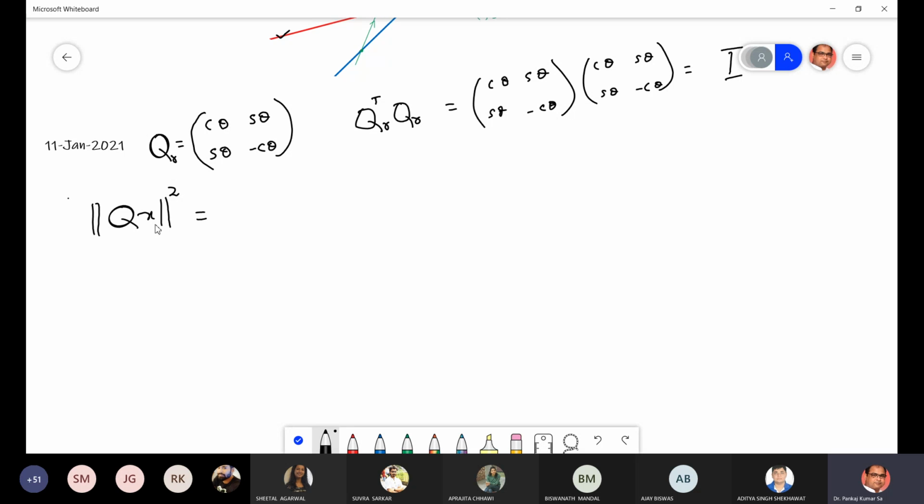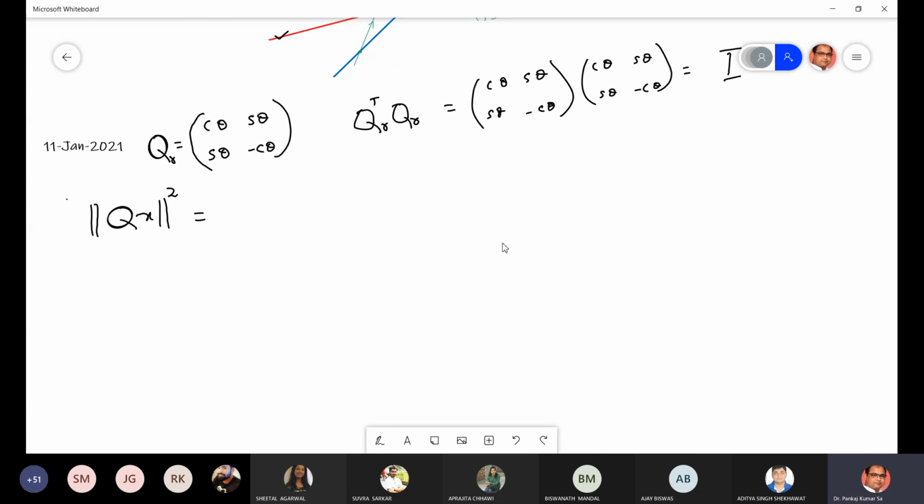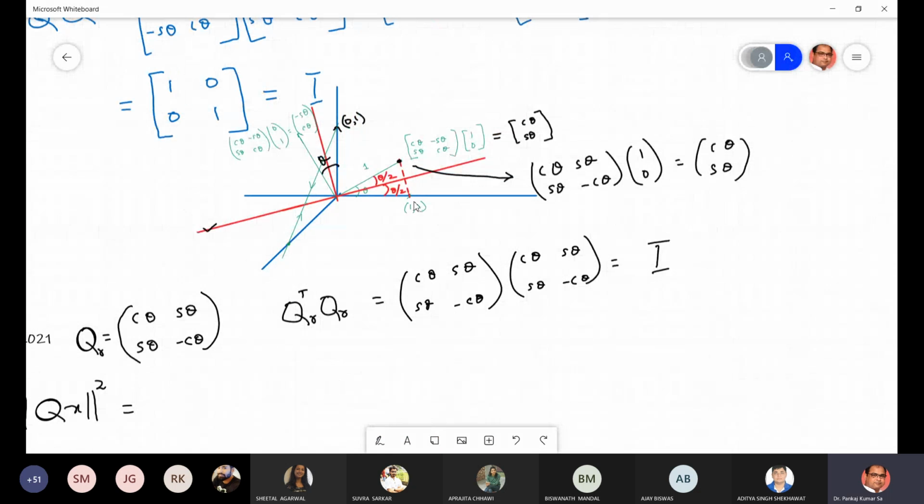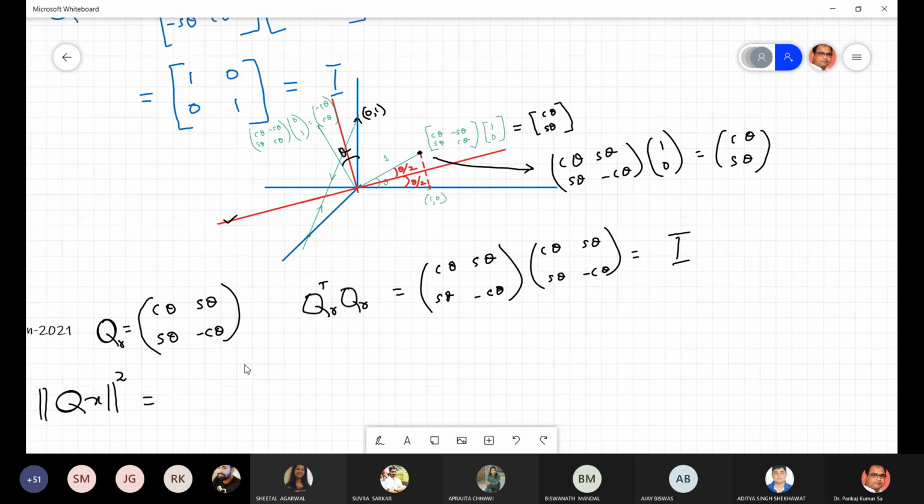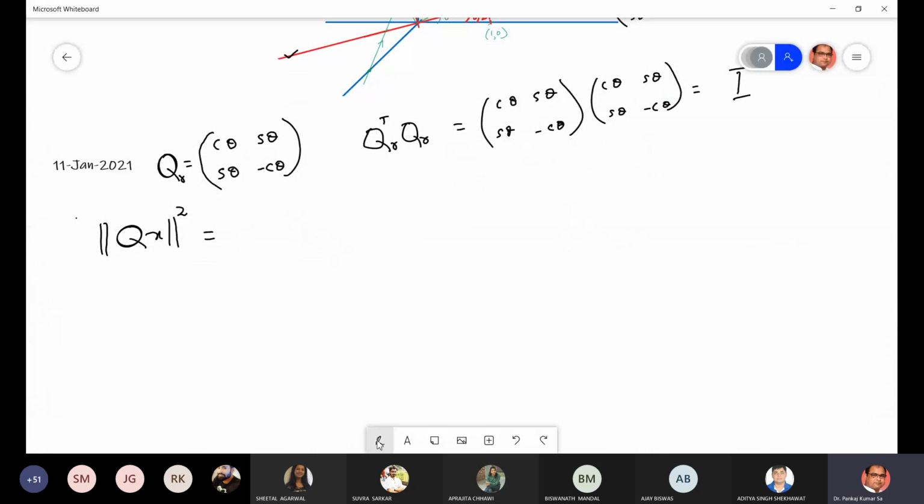So the X vector we are transforming through this orthogonal matrix Q. It is very much like this 1 0 vector we are transforming through the orthogonal matrix cos theta, minus sin theta, cos theta, or cos theta, sin theta, minus cos theta, or any orthogonal matrix. So what exactly is this?